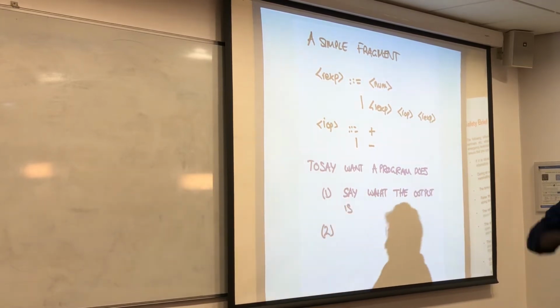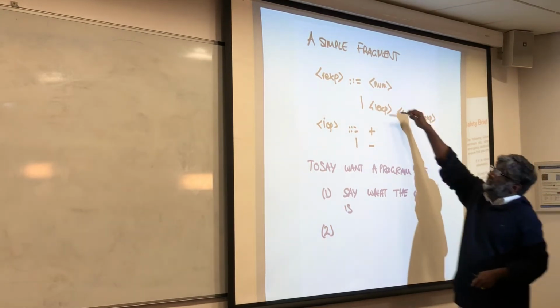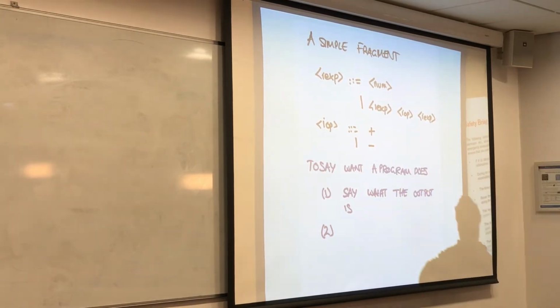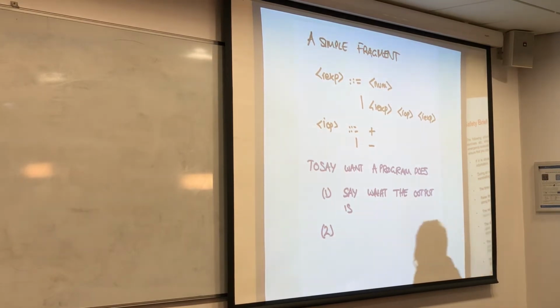Then for every one of these production rules, you've got to say, how do you turn a program used with that production rule into a value?